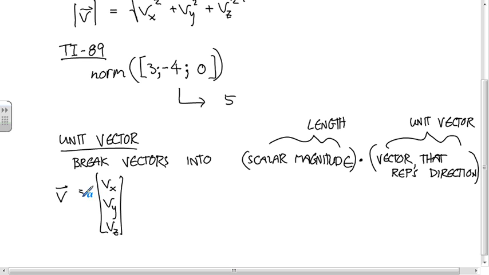So you can think of it this way: if every vector is its magnitude times its unit vector, then dividing that vector by its magnitude has to give the unit vector. So if this is v, then a unit vector in the direction of v, which you represent with a caret or a hat, is equal to 1 over the magnitude times the components.